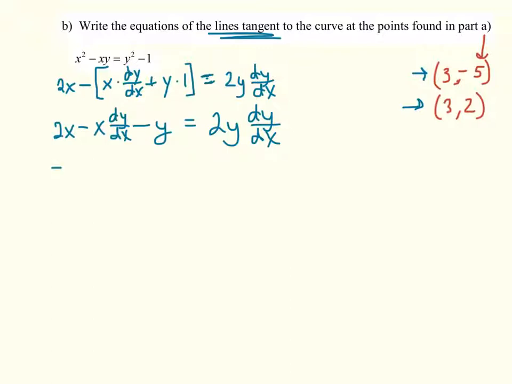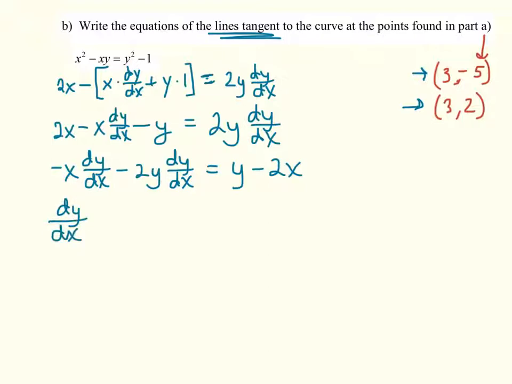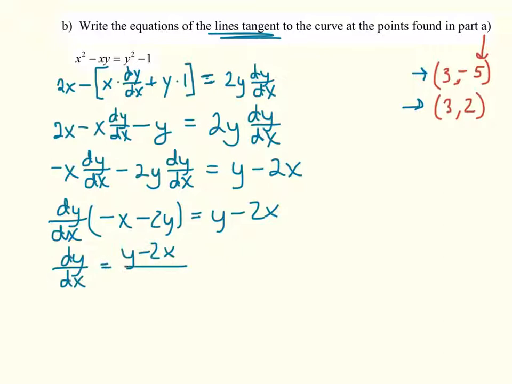So I'd have negative x dy/dx minus 2y dy/dx equals, add the y over, subtract the 2x over. If I factor out my dy/dx here, I'm going to have negative x minus 2y equals y minus 2x. Divide that over, and my slope is equal to y minus 2x over negative x minus 2y.